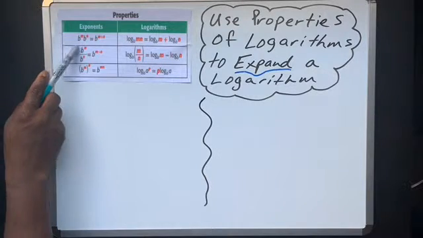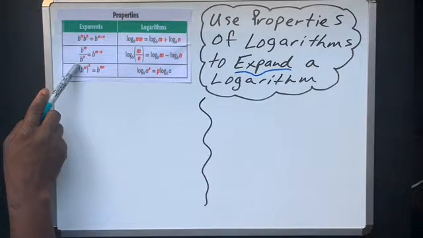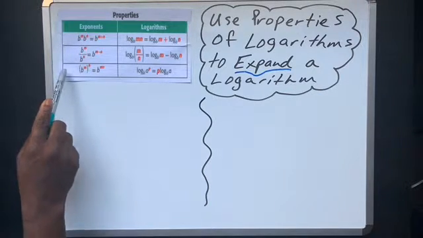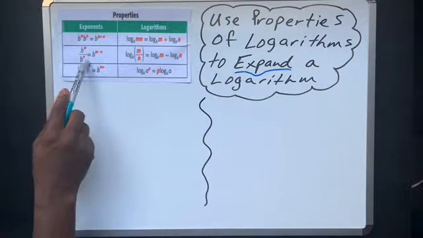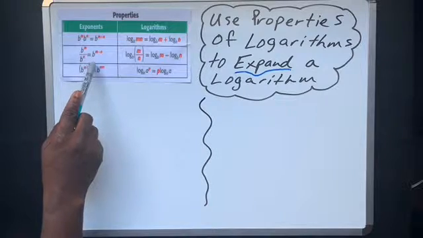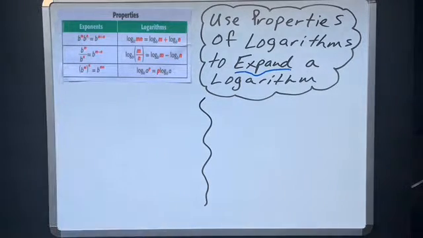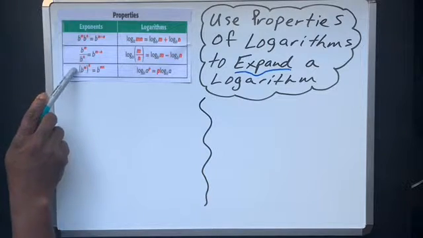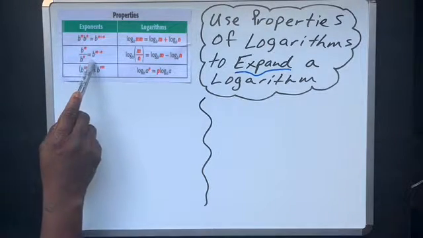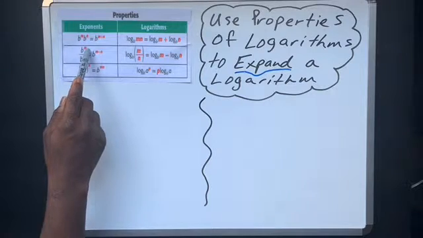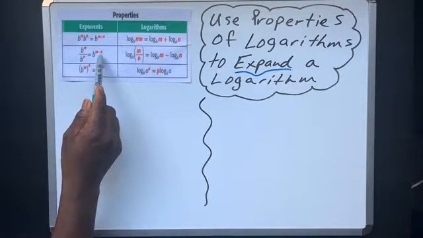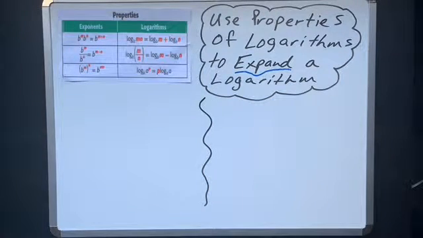If you are dividing powers with the same base b, you have b to the m divided by b to the n, that is equal to b to the m minus n. So when you're dividing powers with the same base, keep the base, and then take the exponent in the numerator and subtract the exponent in the denominator.